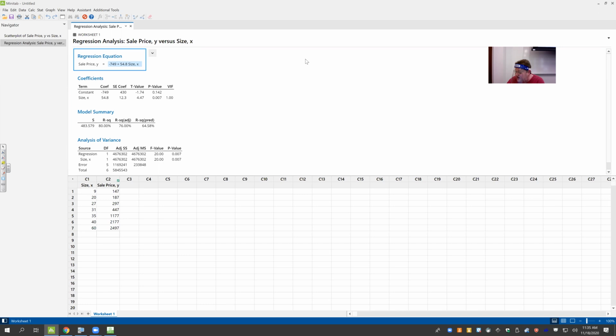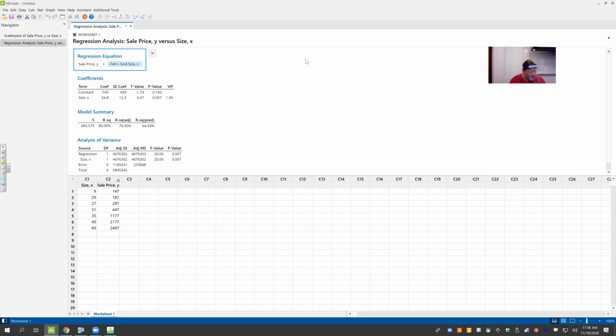Now, I have it here as y hat. You'll also see it written y with a little tick mark. Different notations, different researchers. So we have y hat equals, and I'm going to copy the numbers, negative 749 plus 54.8x.